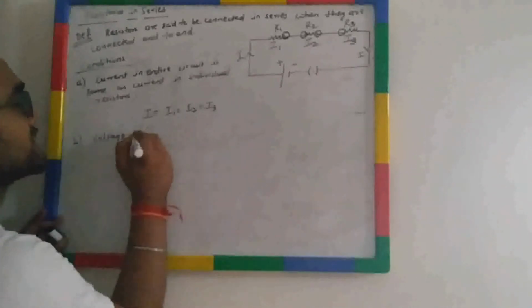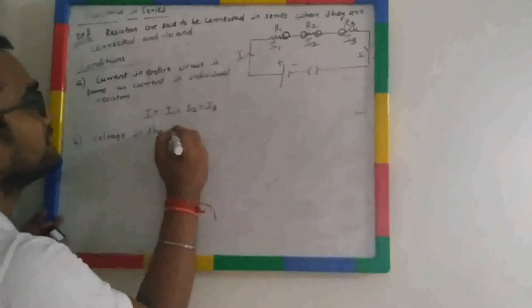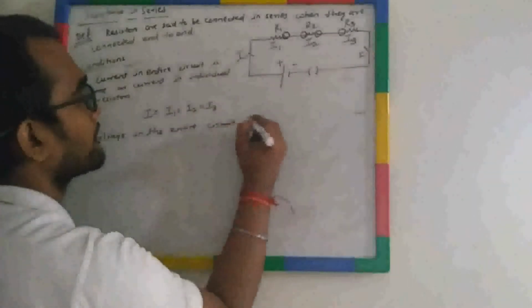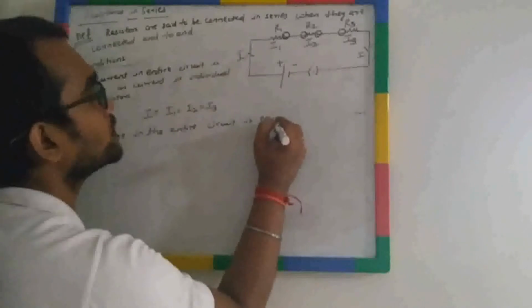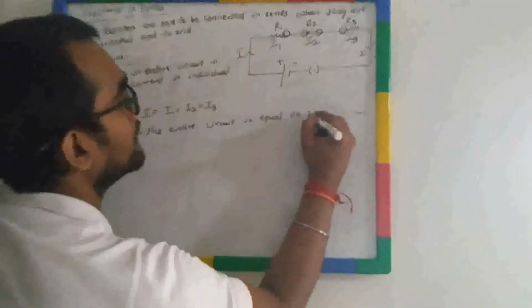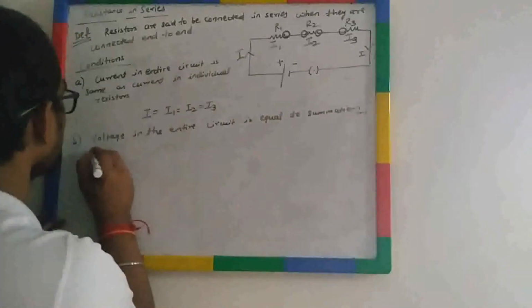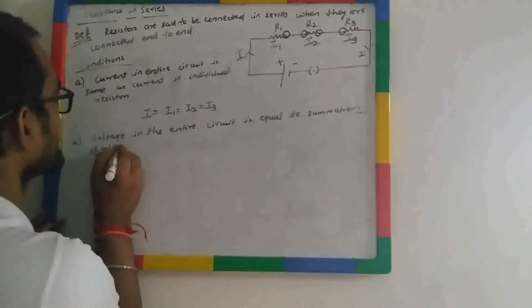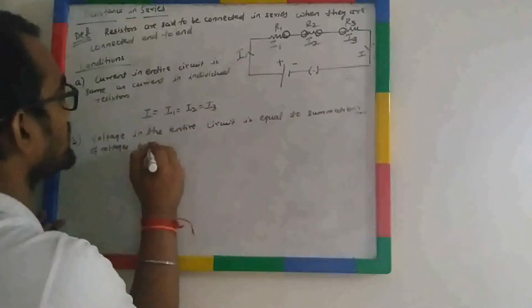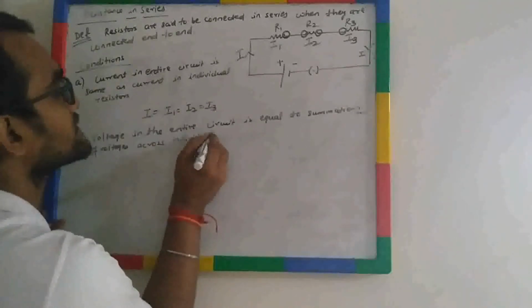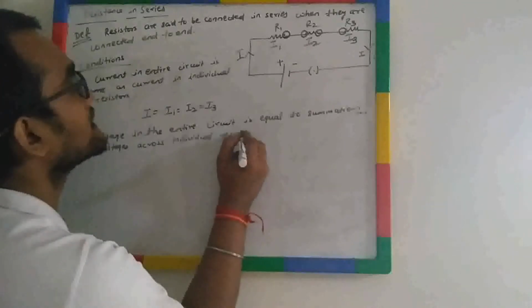The second condition is: voltage in the entire circuit is equal to the summation of voltages across individual resistors.